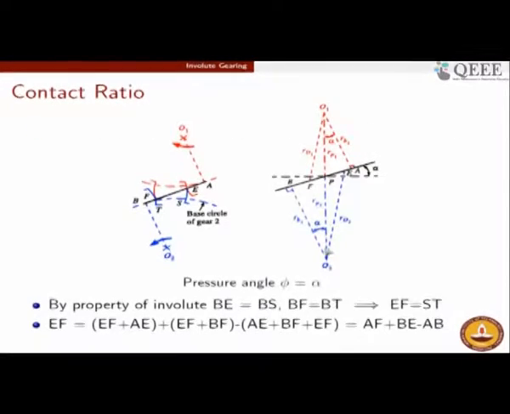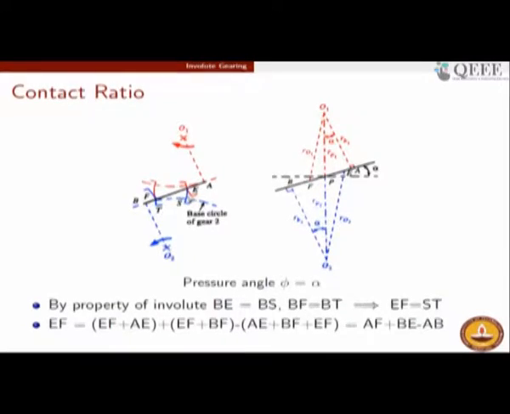Similarly, you can calculate BE. So BE, which is here, can be calculated by considering this right angle triangle, which is O2BE. Again, O2B is the radius of the base circle of gear 2, and AB being tangential to the base circle of gear 2, the radius vector and this line AB will form a 90-degree angle, and therefore the triangle O2EB is going to be a right angle triangle.